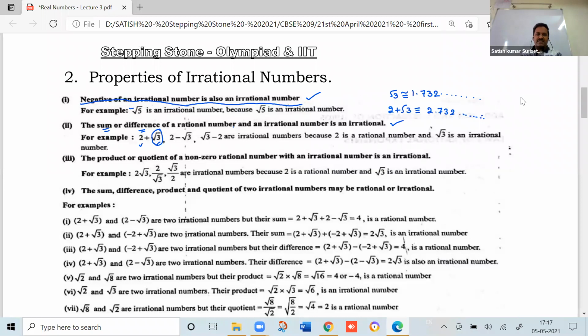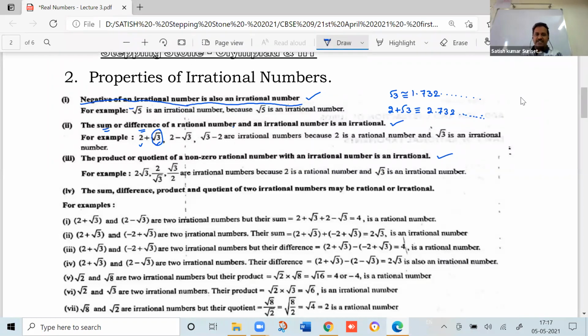Next property. The product or quotient of a non-zero rational number with an irrational number is irrational only. So here 2 root 3, 2 upon root 3, root 3 upon 2 are irrational numbers because 2 is rational and root 3 is irrational. The same procedure, 2 into root 3.